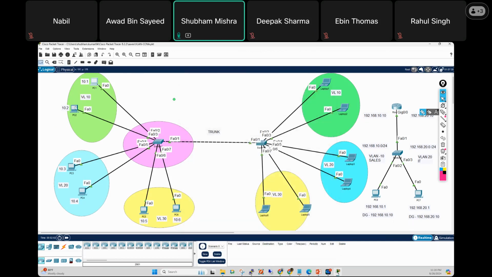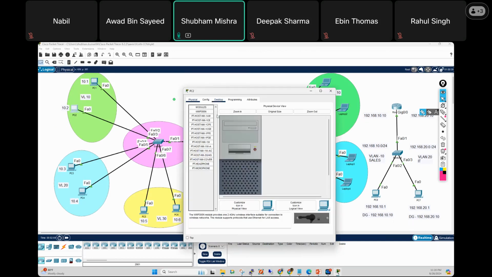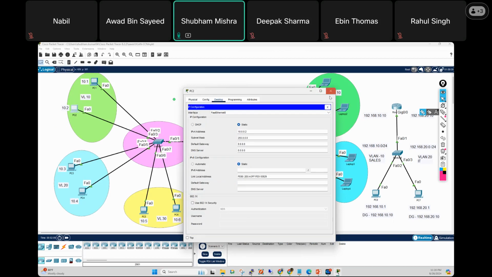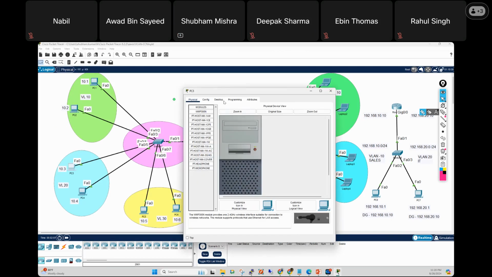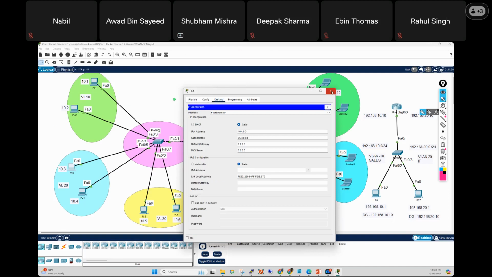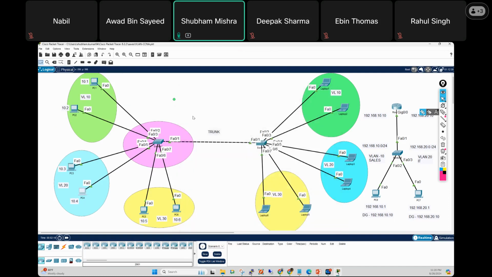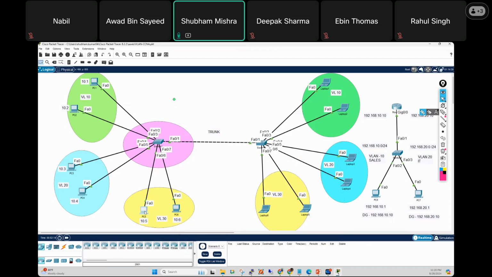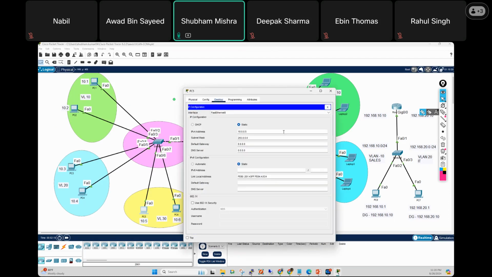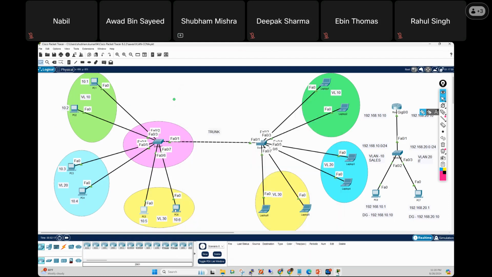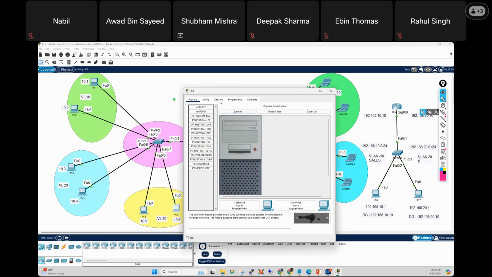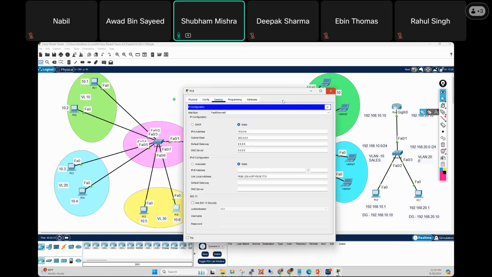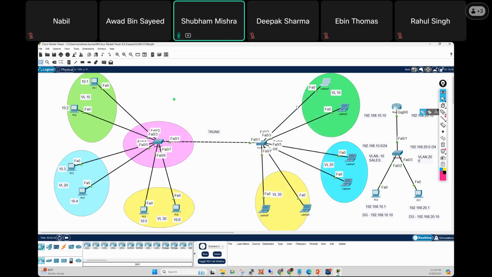Here 10.2, fine. 10.3, fine. 10.4, fine. 10.5, 10.6. These are the laptop users.